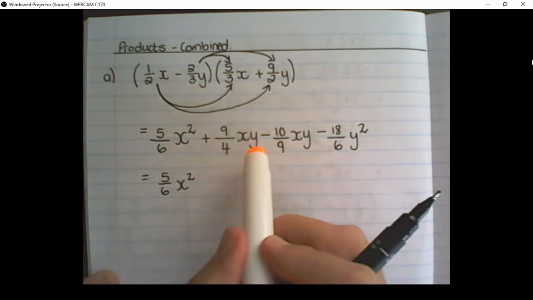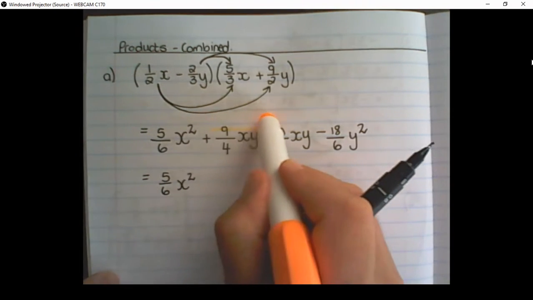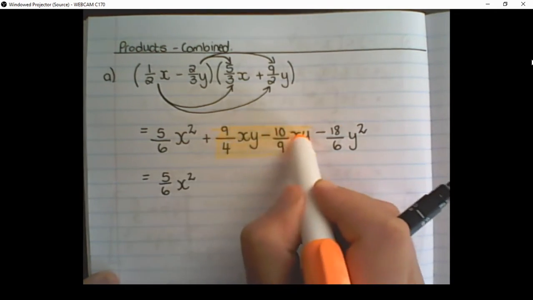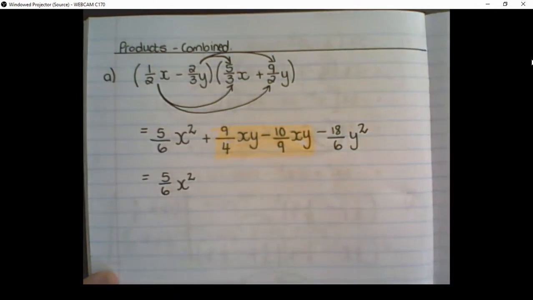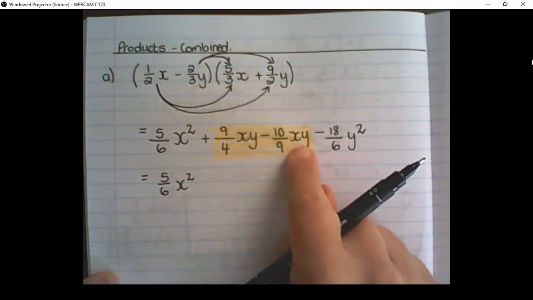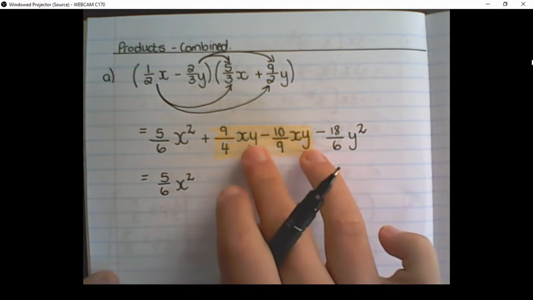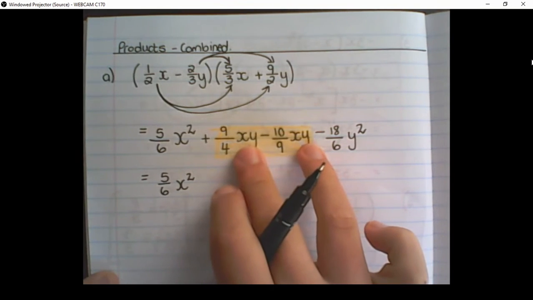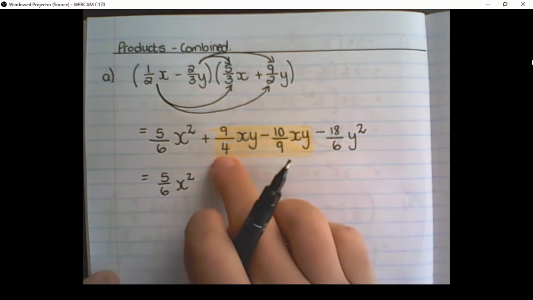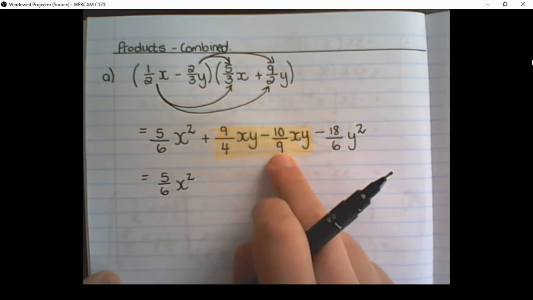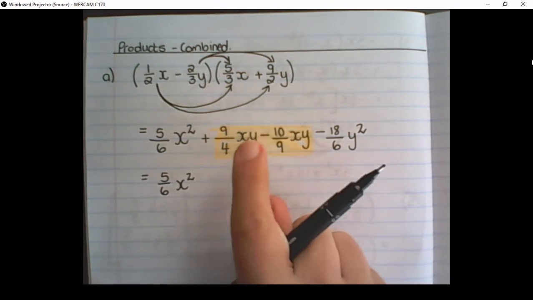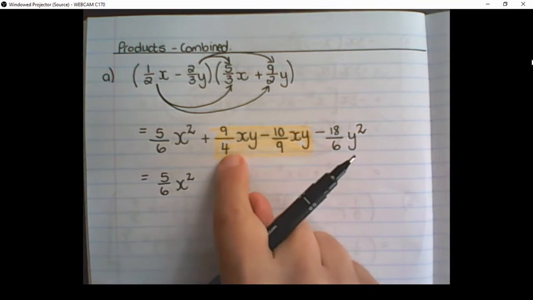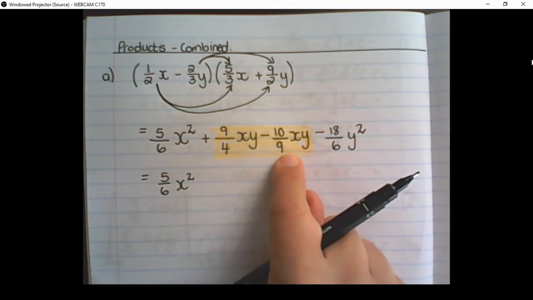Then the next two terms, the 9 over 4xy and the negative 10 over 9xy are like terms because they have the same variable. What we need to do is to create a common denominator. And the simplest thing for us to do is to multiply 4 with 9, so the denominator would be 36.